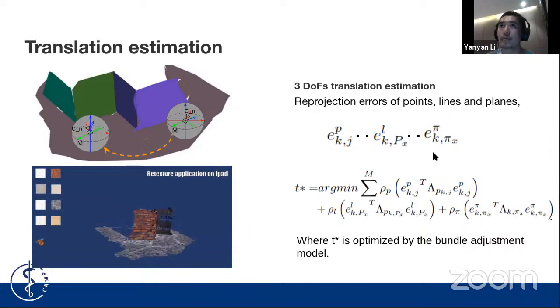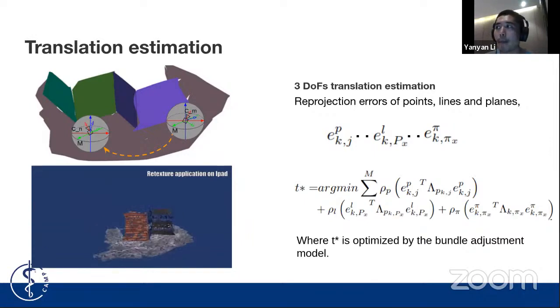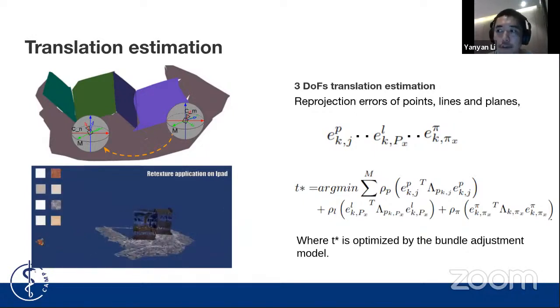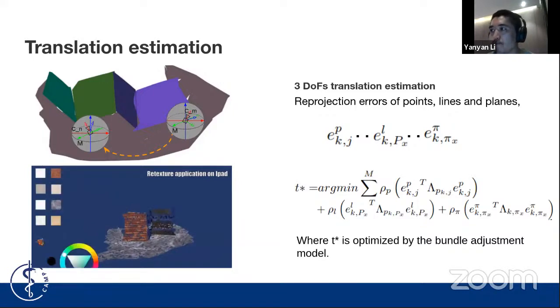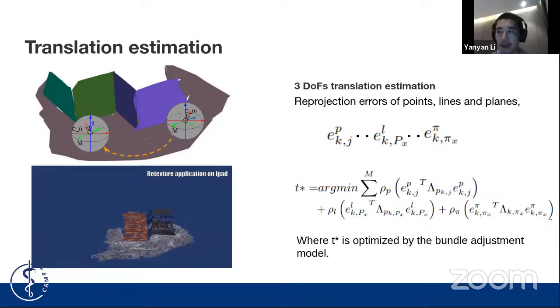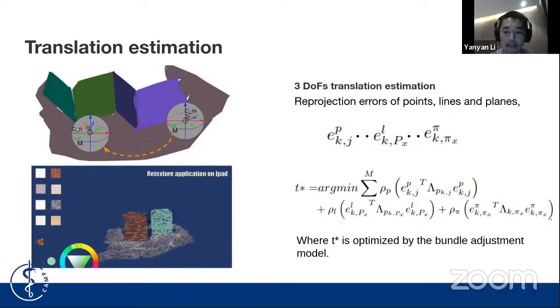It means in this step we don't need too many features, since compared with the 6D optimization, the 3D optimization doesn't need too many features. It means this method can suit some low textured areas in translation. This is another advantage of this idea.